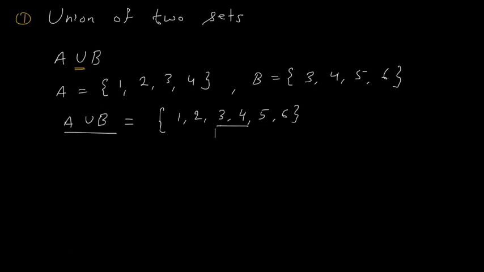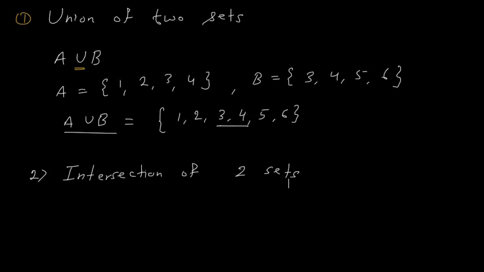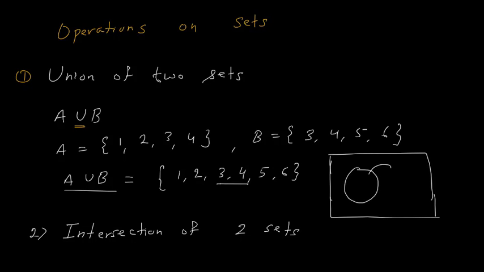The second operation that we will discuss is intersection of two sets. Okay, now before we discuss intersection, let us understand how using Venn diagram we show union of two sets. So we have set A and set B. So let us represent set A and set B. Now they cut each other because there are some common elements.